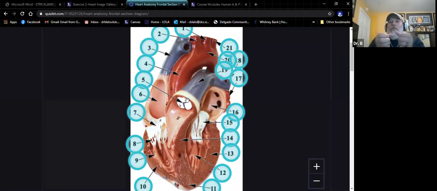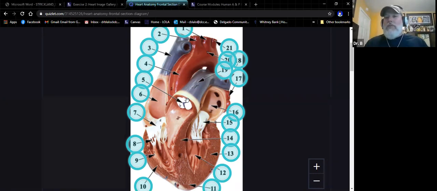When the ventricle contracts, the two valves that are open are the semilunar valves, and the atrioventricular valves are closed because we don't want blood to go back into the atrium. When the atria contract, the tricuspid and bicuspid valves open, and the pulmonary and aortic valves close. So one set closes, the other set opens.